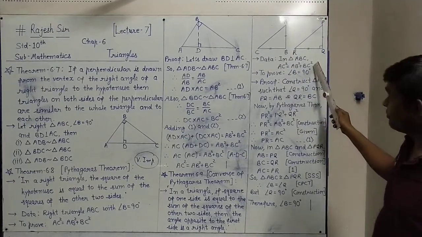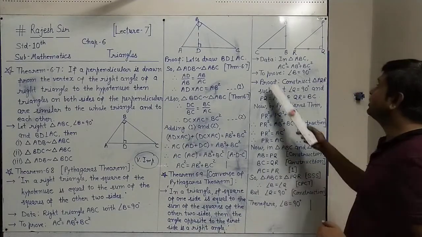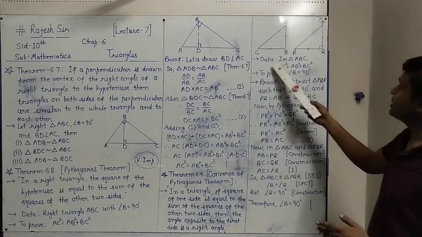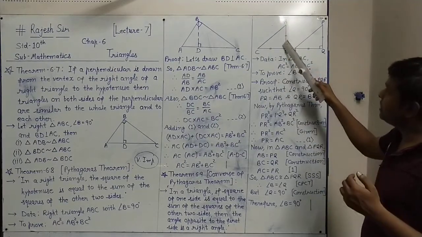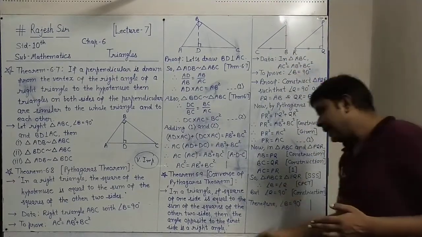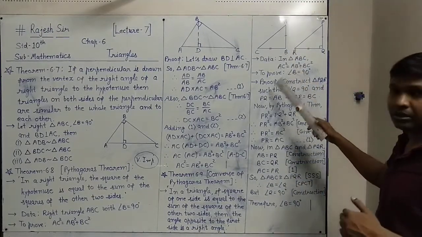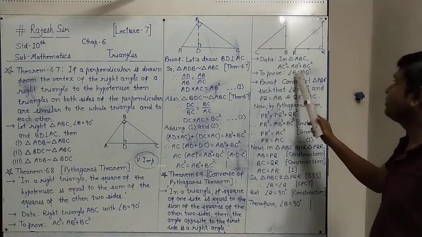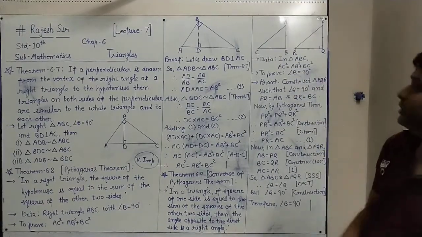This is given. Then what do we want to prove? That the angle opposite to the first side, which is AC here, its opposite angle B, is a right angle. So this angle B, the opposite angle of the first side AC, is a right angle, that means 90 degrees, that we want to prove.